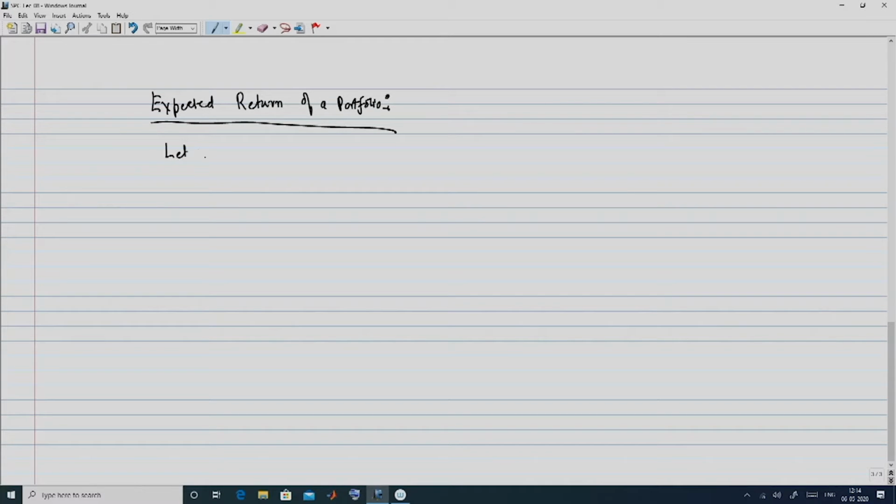So, let R subscript P denote the return on a portfolio, and I denote the portfolio by P, comprising of n securities.